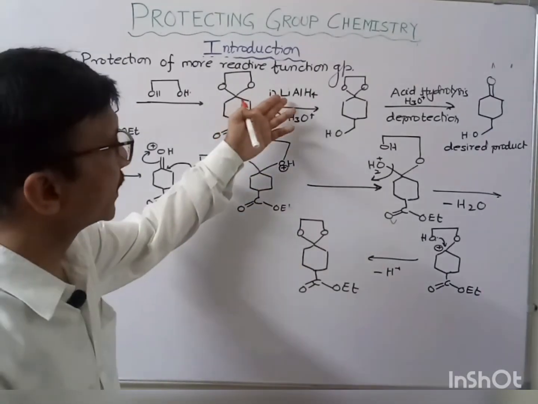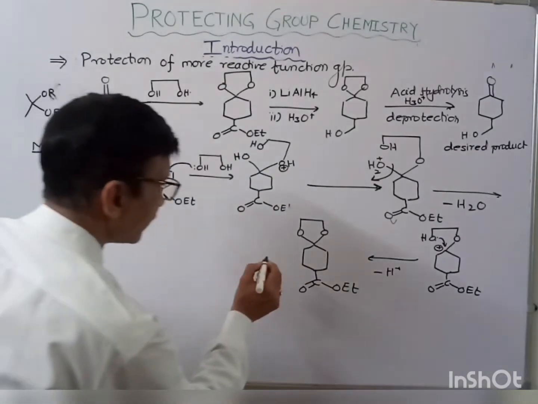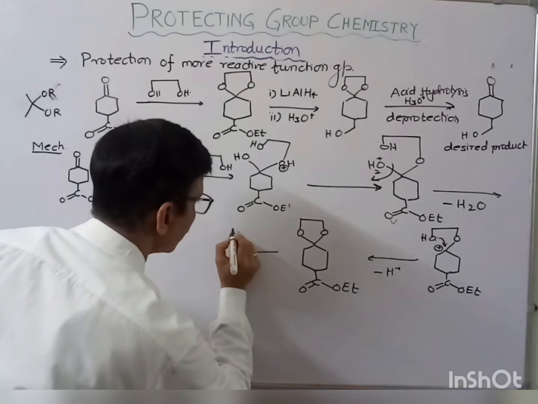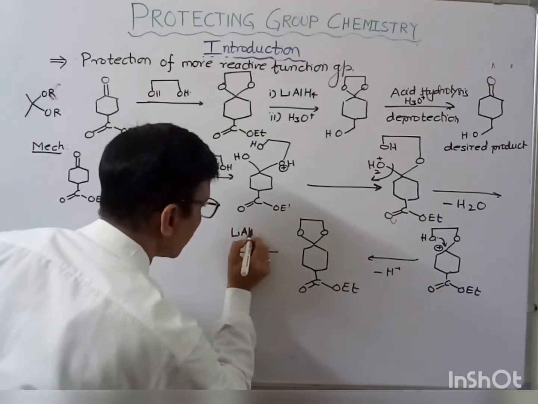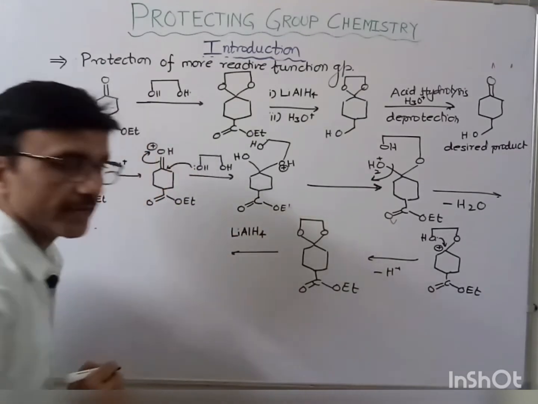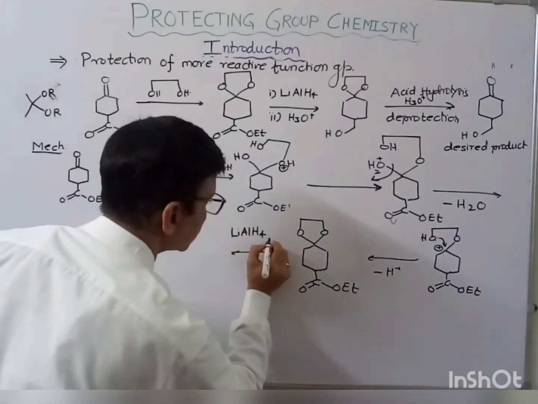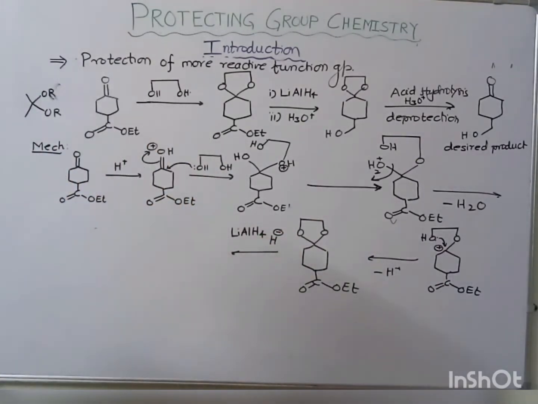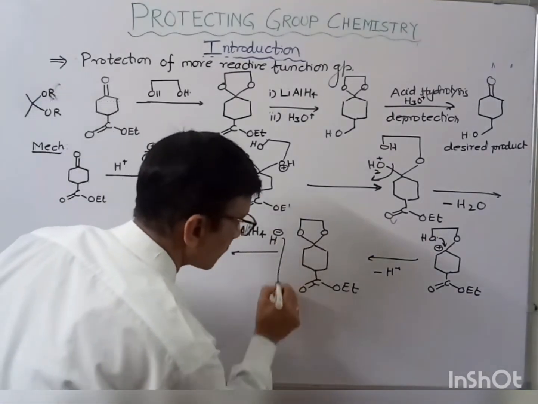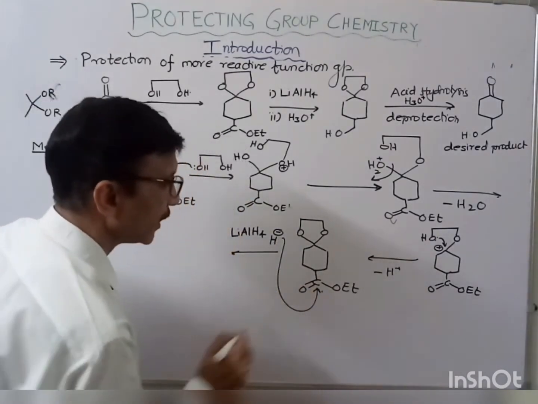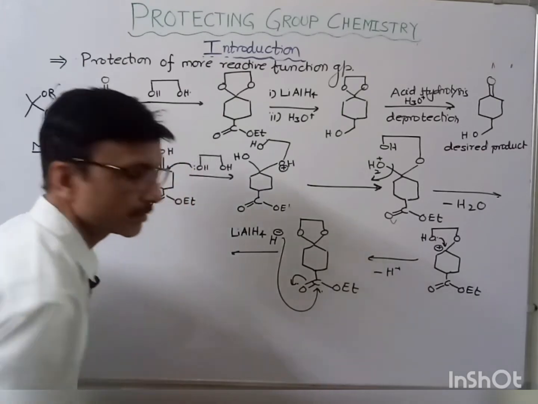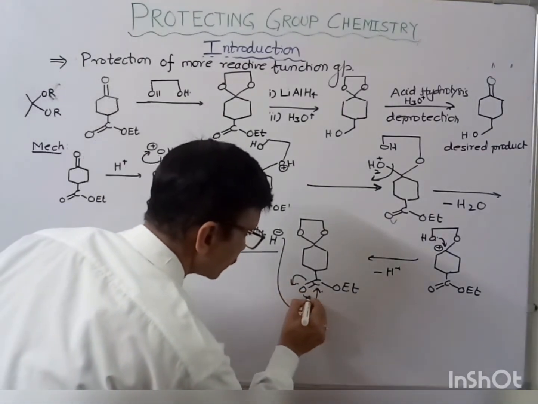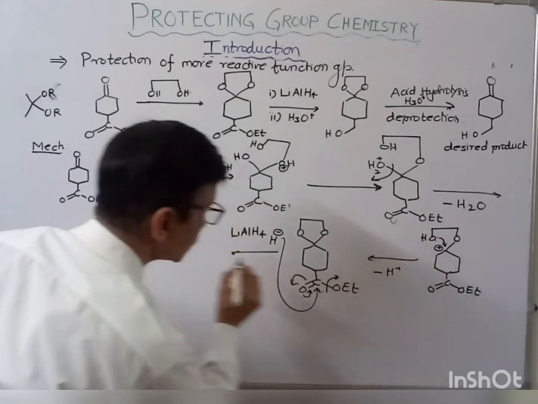And now we can react it with lithium aluminum hydride. So now the reduction can be done. Lithium aluminum hydride will give you the hydride; this is a hydride donor. The hydride will attack over here, and in the next step the leaving group will leave out.